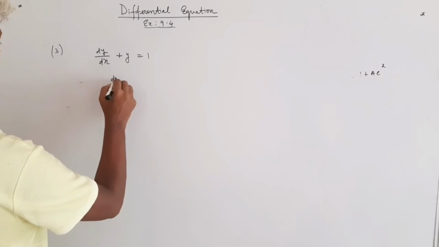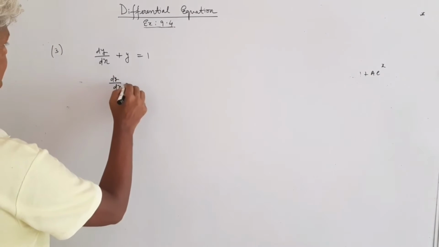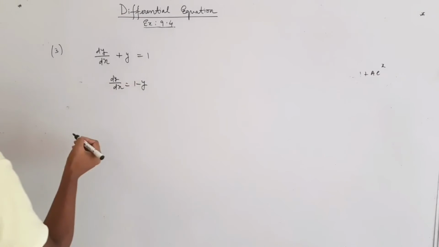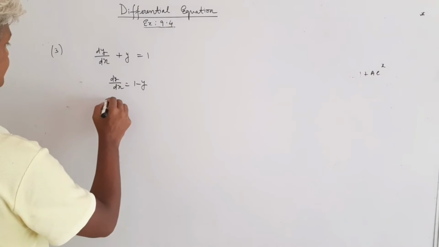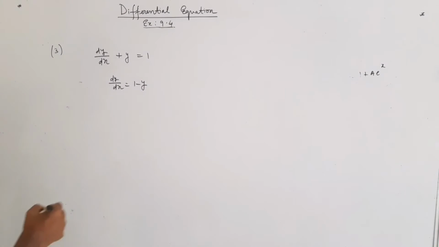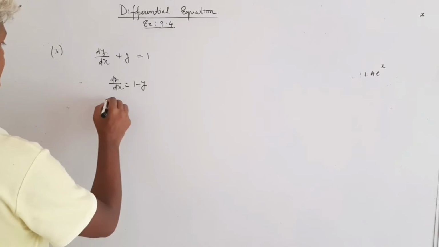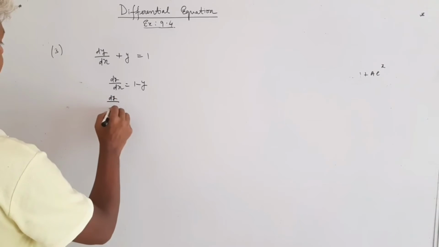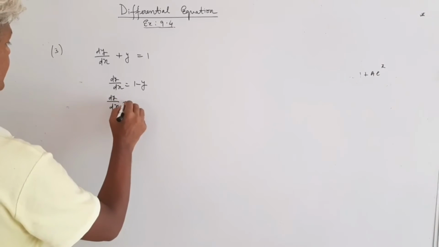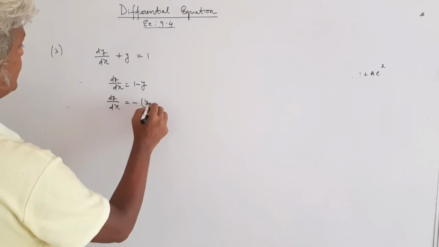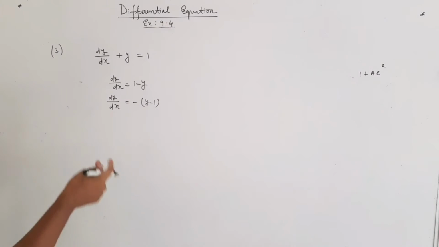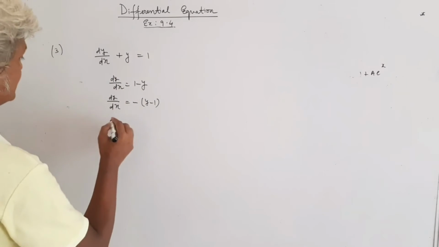So dy over dx is 1 minus y. It means we can write dy by dx equals minus (y minus 1). This does not make any difference, but I am writing it this way.